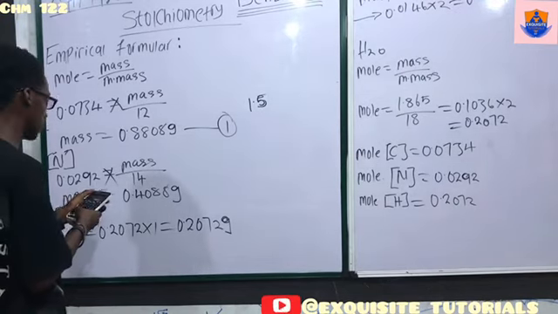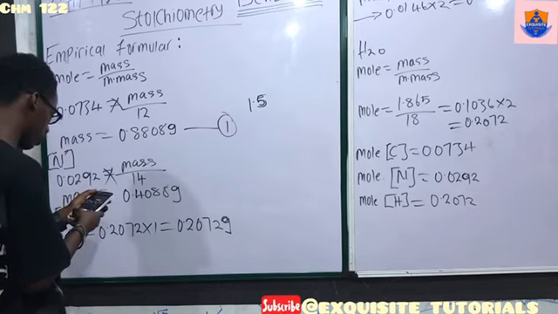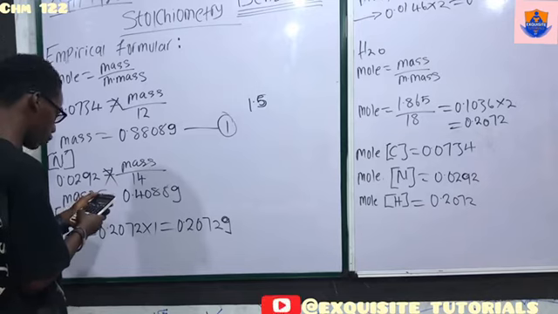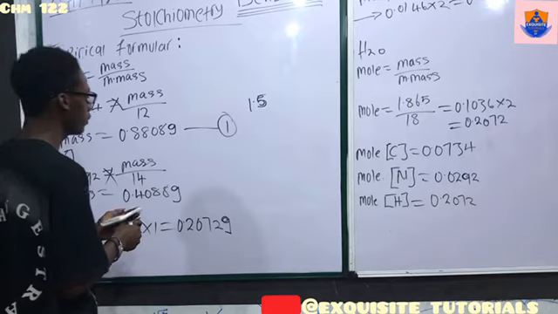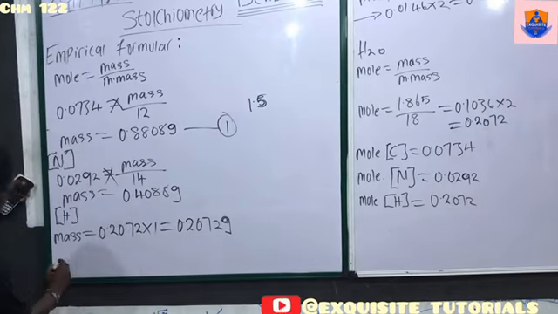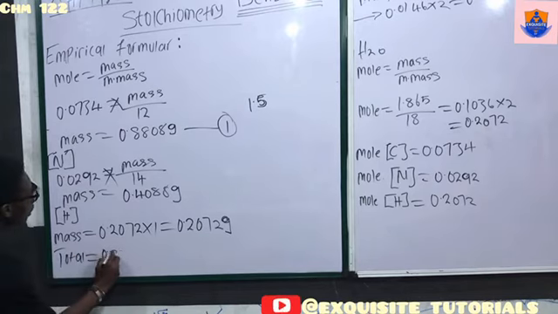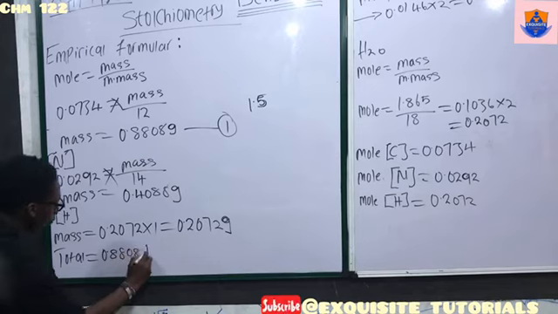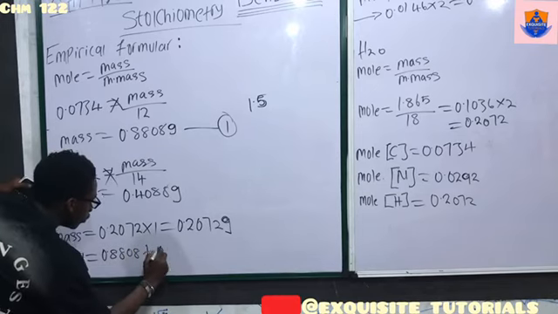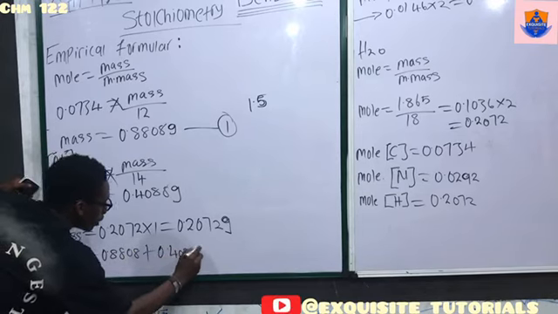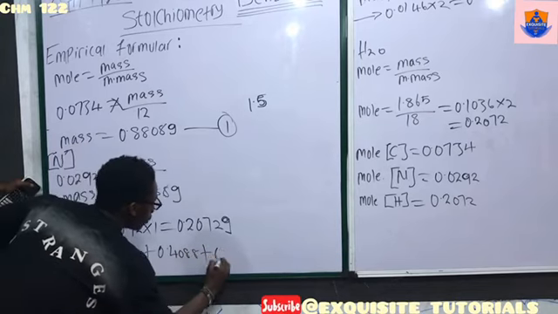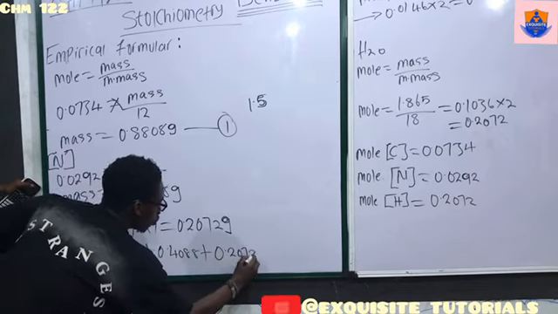We have 0.8808 plus 0.4088 plus 0.2072. Now we are having a total. The total will equal 0.8808 plus this 0.4088 plus this 0.2072.